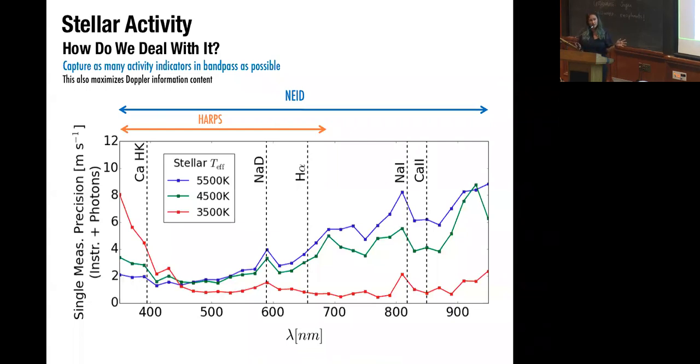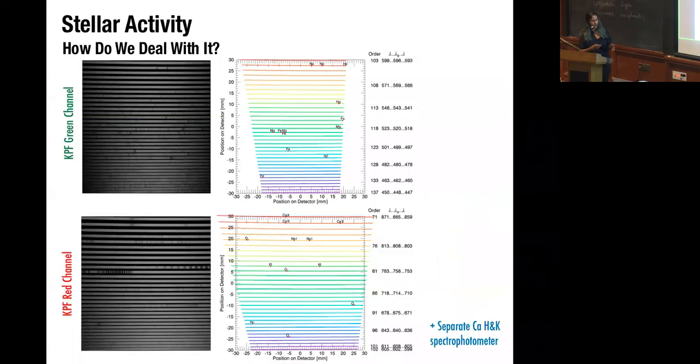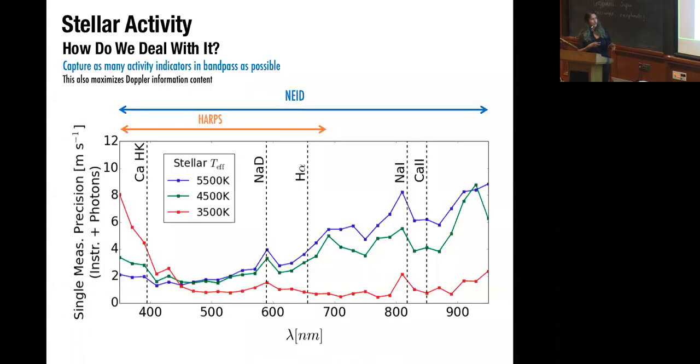The more wavelength you cover, the more you pick up on these known activity indicators: the calcium H and K lines, the sodium lines, H alpha, the near infrared triplets. We're having to learn about activity indicators in the near infrared now. Compared to HARPS, which ends at about 6800, we really made a push with NEID to go very red, both to get M dwarfs, but also to get these activity indicators. So you have a bunch of activity indicators in your 2D image, and you've extracted them.